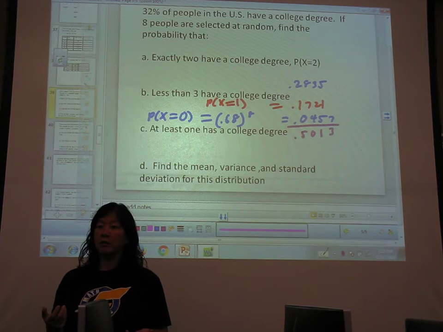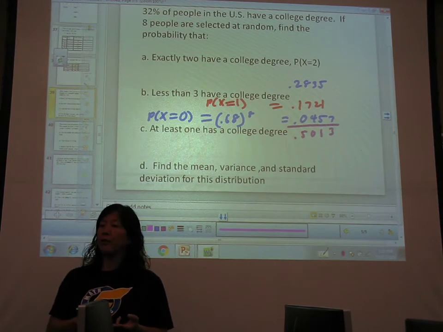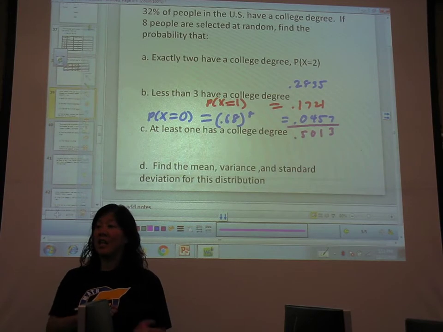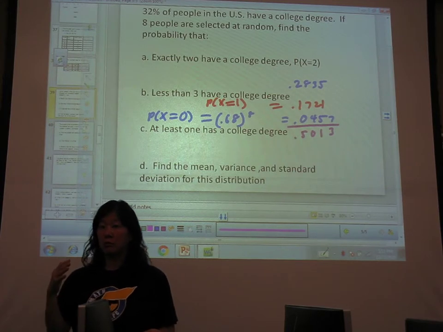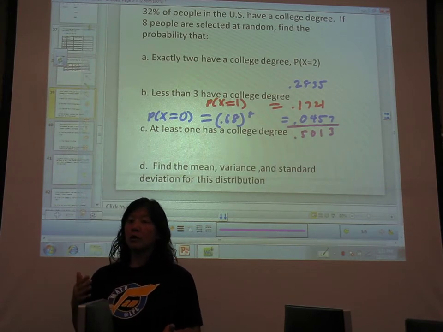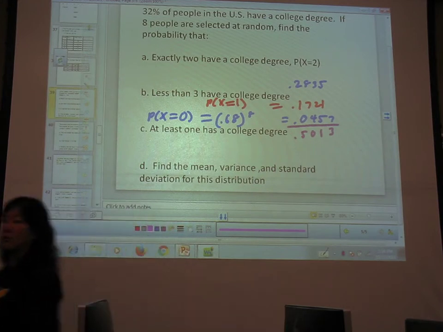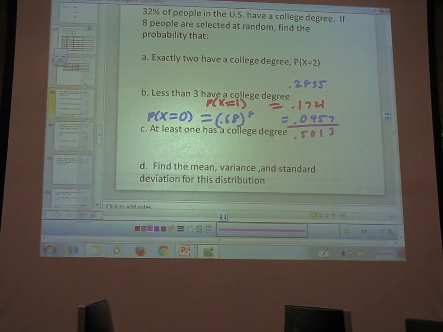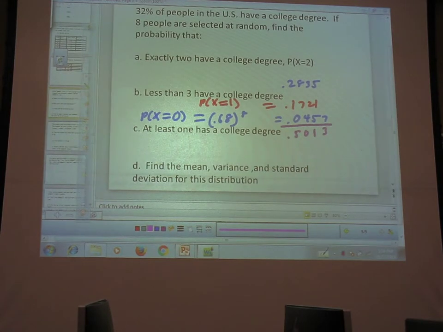Does everybody understand that? So you can find the probability of 1, 2, 3, 4, 5, 6, 7, 8, and add all those up. Or can you just do 8 choose 0, and then whatever you get, subtract that number? Exactly. Perfect. Here's x and the probability of x.